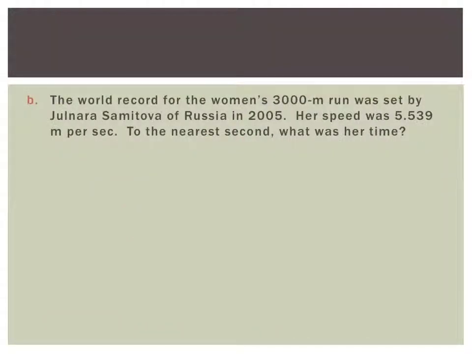Example B, the world record for the women's 3,000-meter run was set by Julnara Samitova of Russia in 2005. Her speed was 5.539 meters per second. To the nearest second, what was her time? Okay, so this time we're looking for time. So let's go ahead and just set it up as d equals rate times time. So the distance is 3,000.